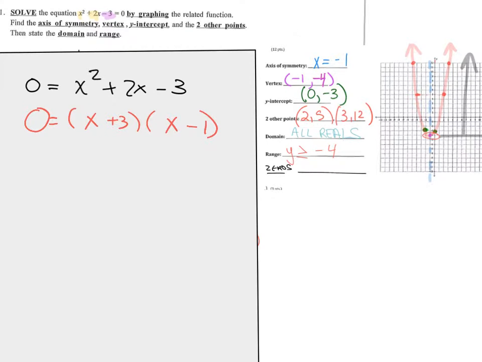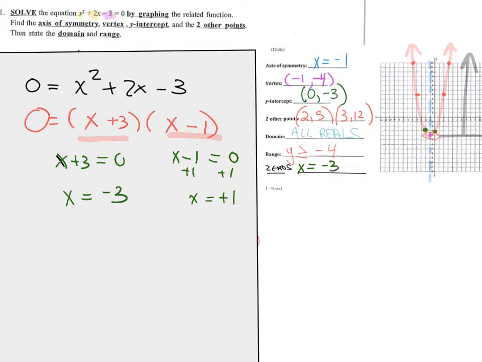And then I have a simple parentheses. Then you set each of these equal to 0. And when you do that, you would get x plus 3 is equal to 0. So x is -3. x minus 1 is equal to 0. So x is +1. So the zeros would be x is equal to -3 and +1.